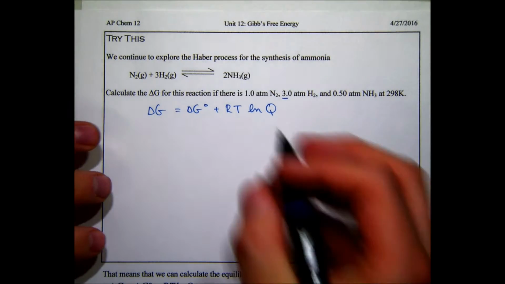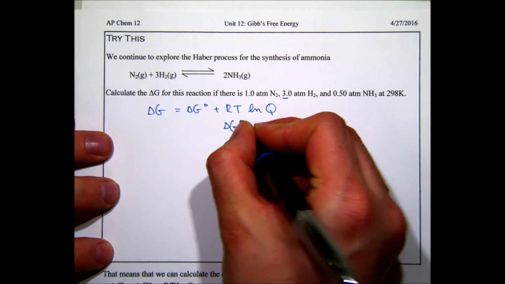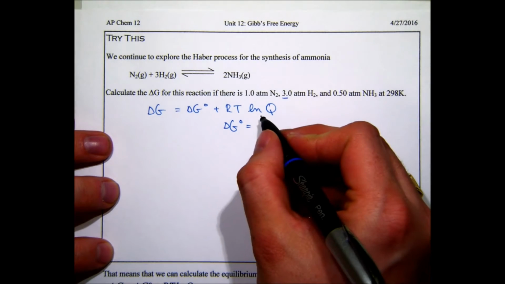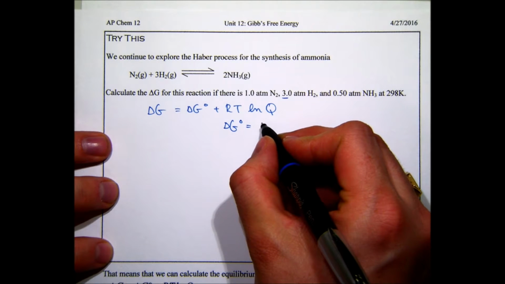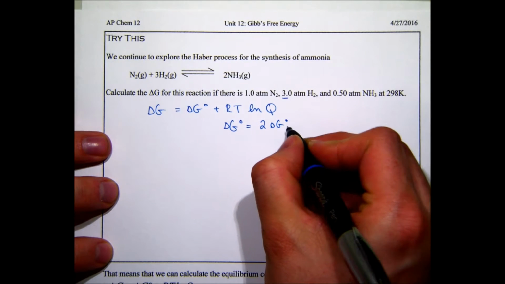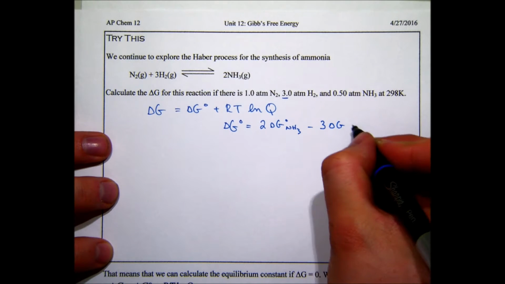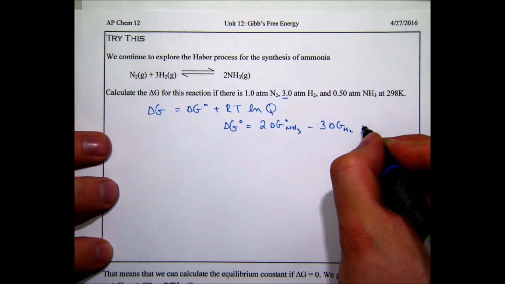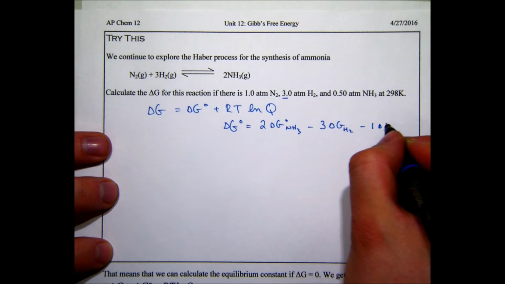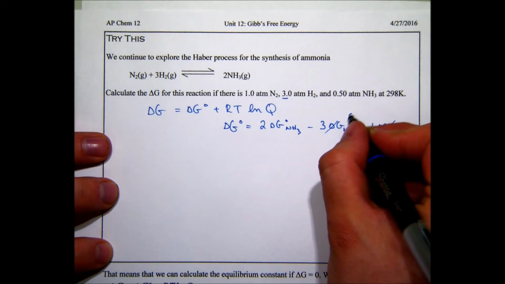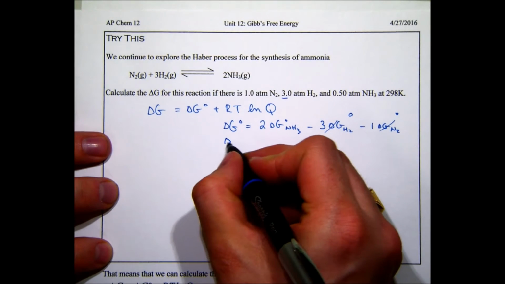So we're going to calculate delta G first. Delta G is equal to 2 times the delta G of NH3 minus 3 times the delta G of H2 minus 1 times the delta G of N2. These are both 0.